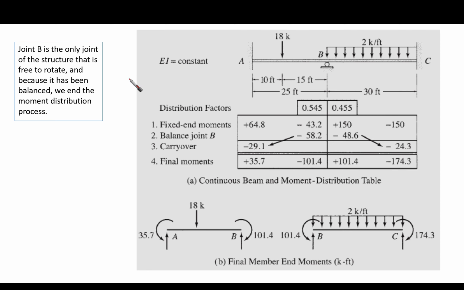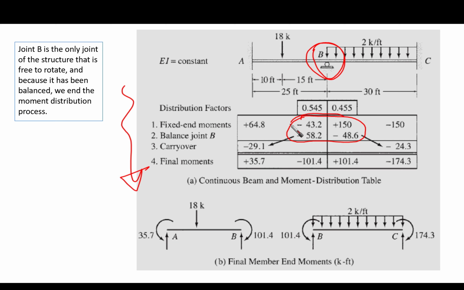Okay, I think that you can understand it very well, and I hope that you can understand the process and how much easier it is for us now. Remember well that we are balancing the same point, and we end with the point that is free to rotate, and if it's balanced, this is our main goal.